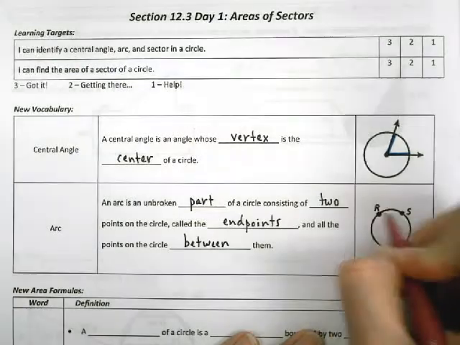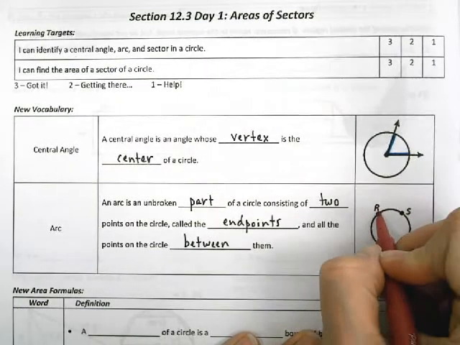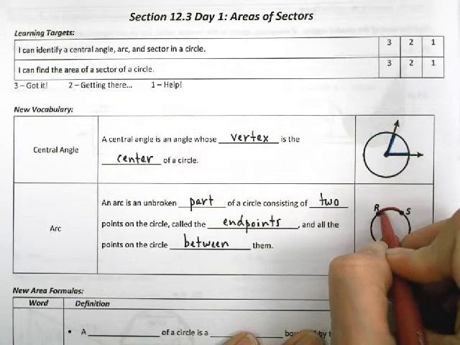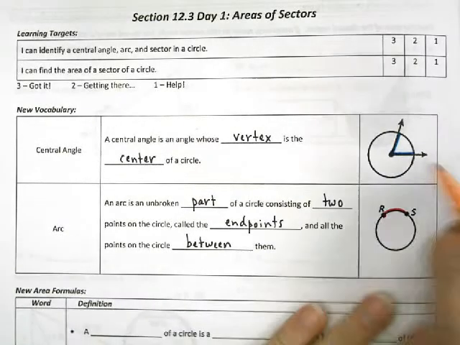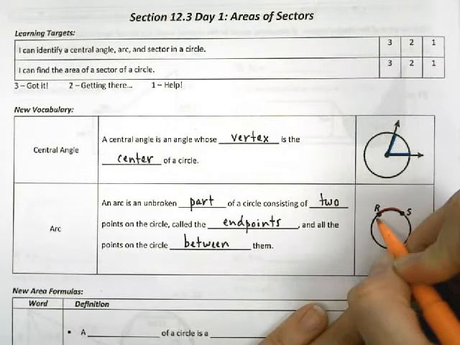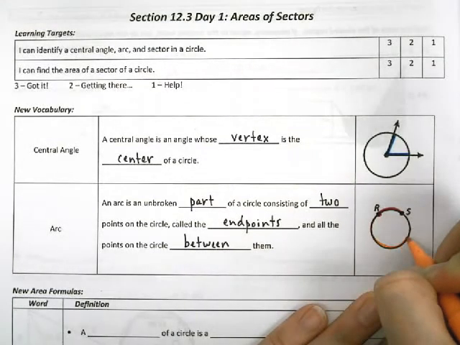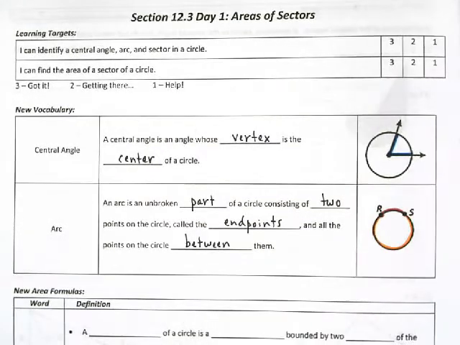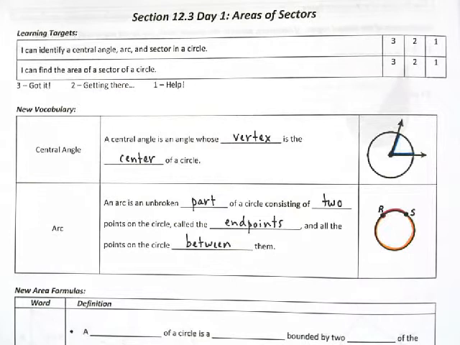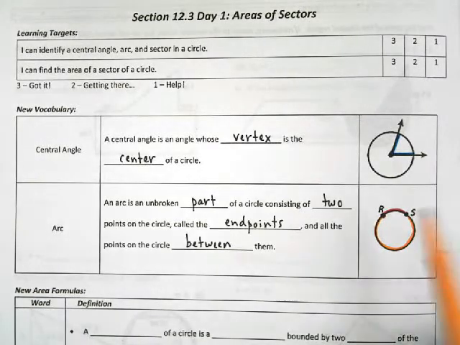If I look at these endpoints R and S, I can look here, so all of these points make up an arc of that circle. I could also take these 2 endpoints and look at all of these points in between, and that would be a different arc. And we'll get into more about those arcs in a later chapter. But for now, we just have to know it's those points around the circle that are in between 2 endpoints.